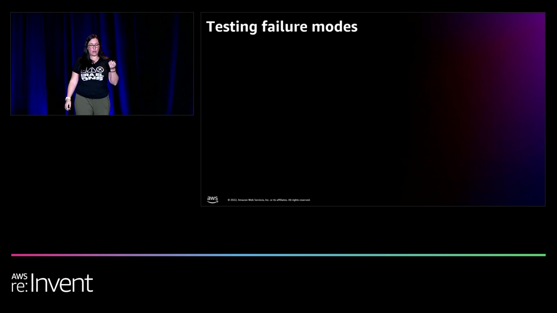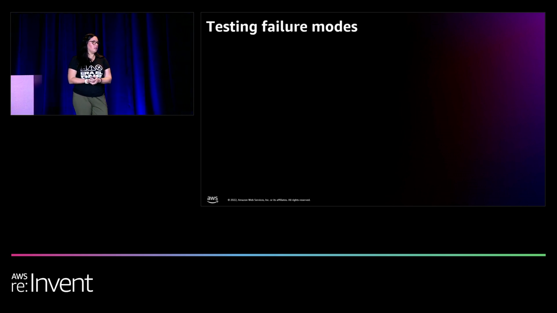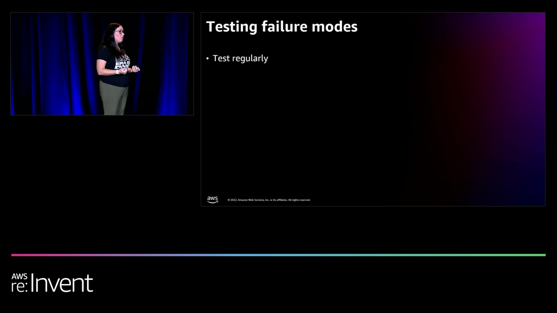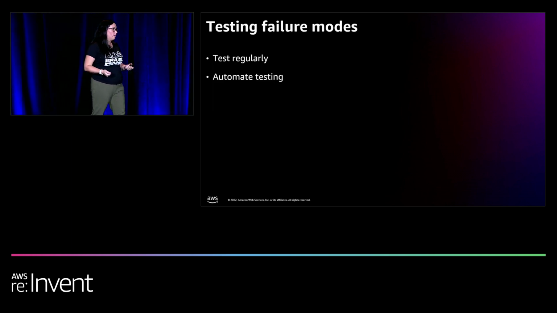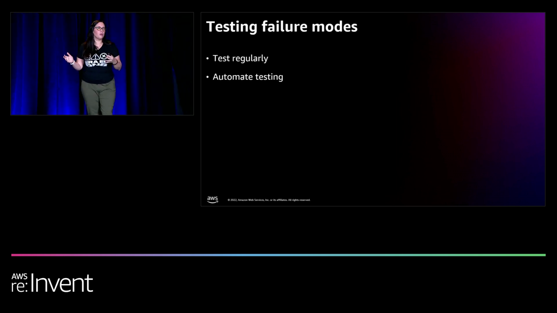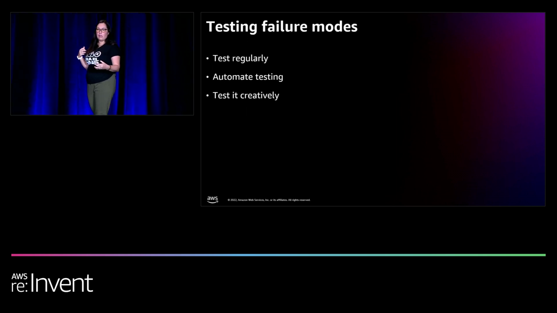Observe your applications. And then I cannot emphasize anything more than testing. I said testing is one of the reasons it fails, so please test regularly. Test automatically. Build all those basic tests into your deployment strategies, into your everyday work, so then you can create interesting tests and test creatively.